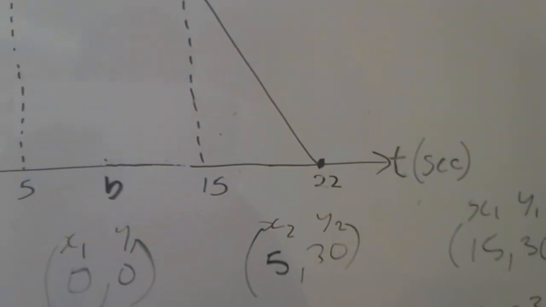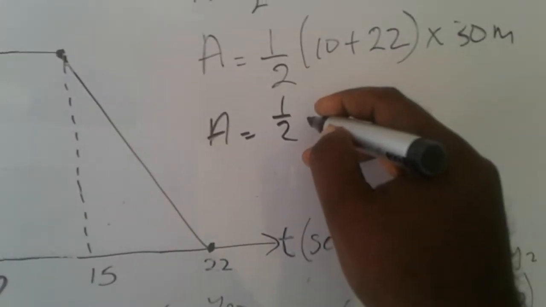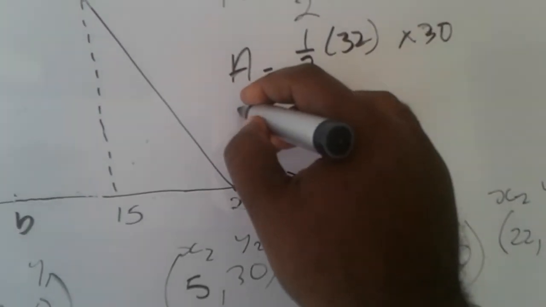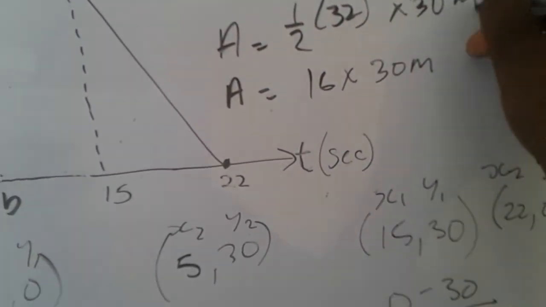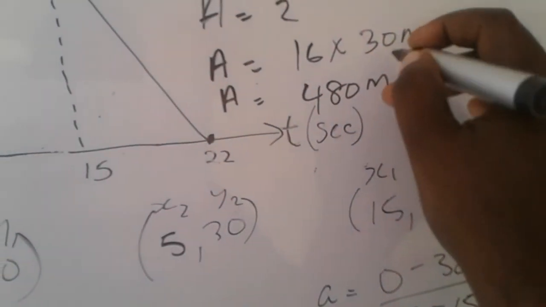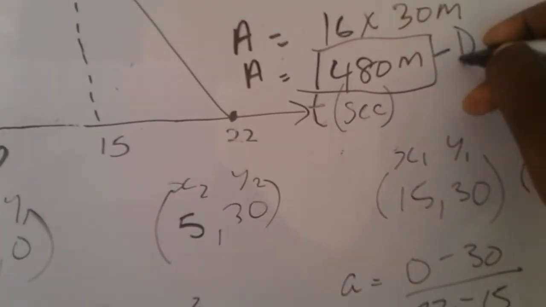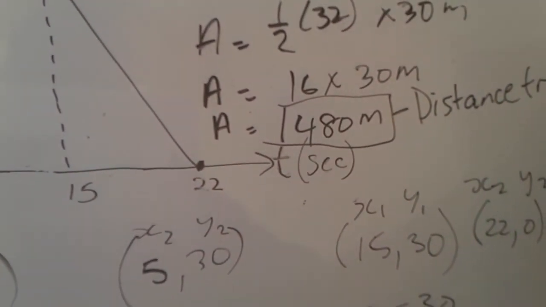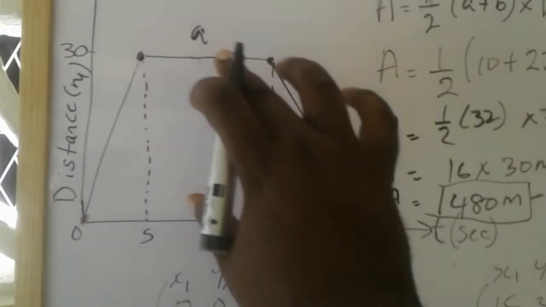Working this out, it is half of 32 multiplied by 30. Half of 32 is 16, times 30. So the area is 480 meters. That is the distance traveled. Anytime they ask us to calculate the distance traveled, find the area under the graph.